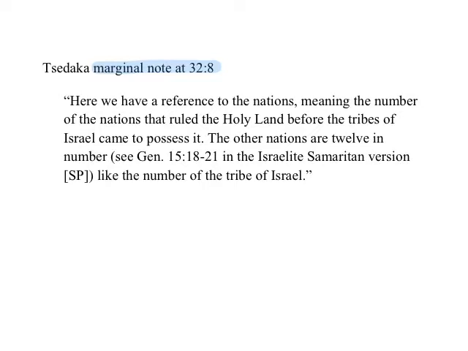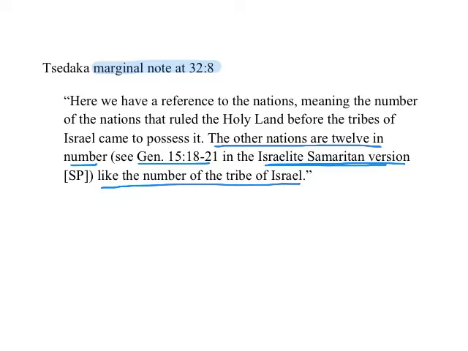In this case, the editor is suggesting that the other nations are 12 in number, and points out that in Genesis 15, the Samaritan Pentateuch, which he calls the Israelite Samaritan version, the Samaritan Pentateuch offers 12 nations like the number of the tribes of Israel.